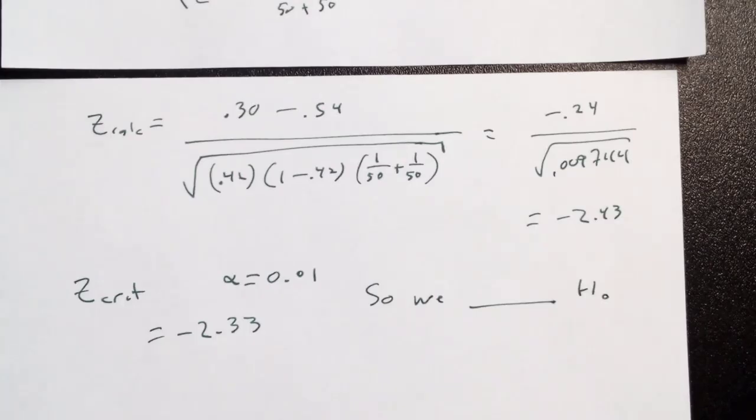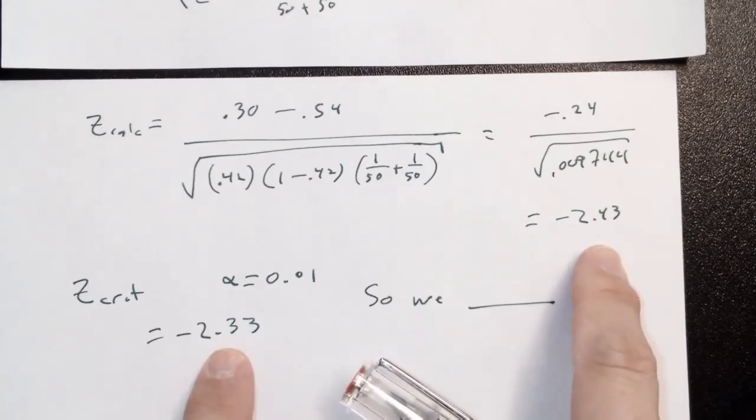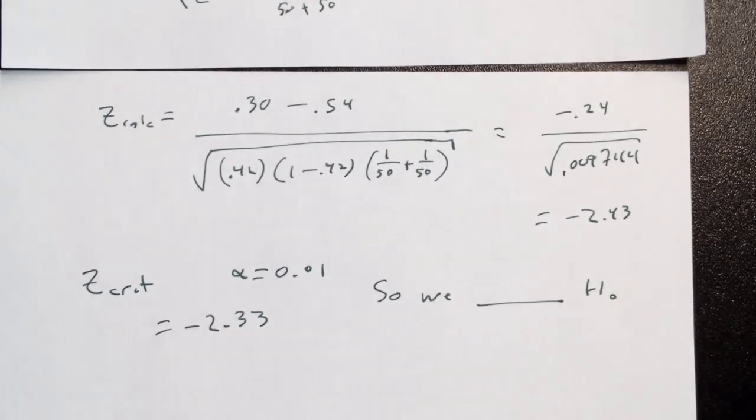In that blank, either goes the word reject or the words do not reject. Because, right, it's outside. In absolute value, it is bigger.